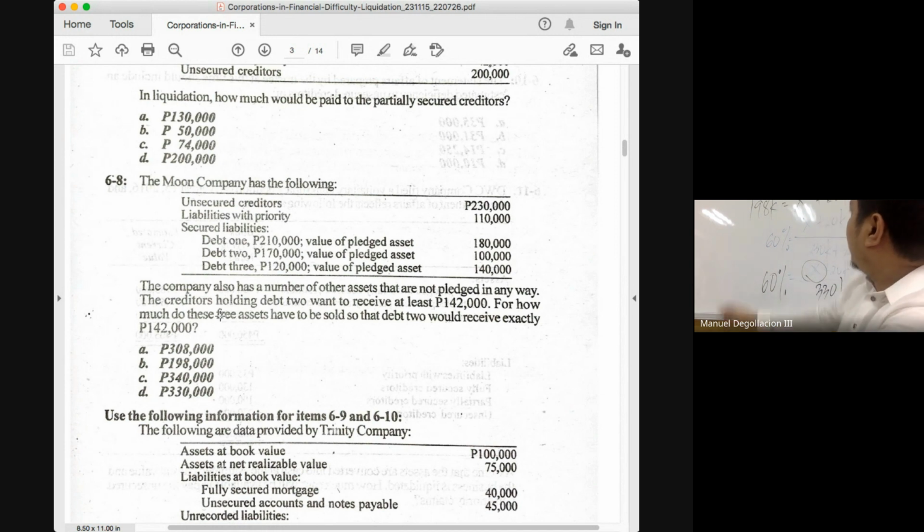So please work that back, class. 178 plus 110, it's 200. Why is it not in the choices?